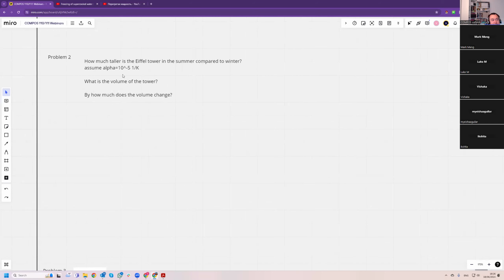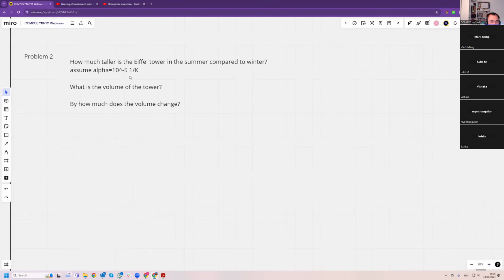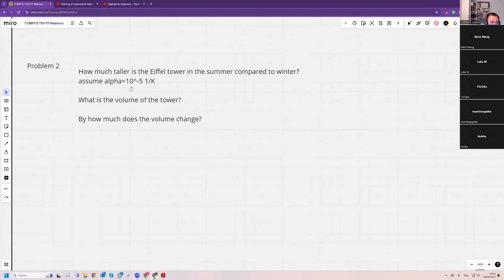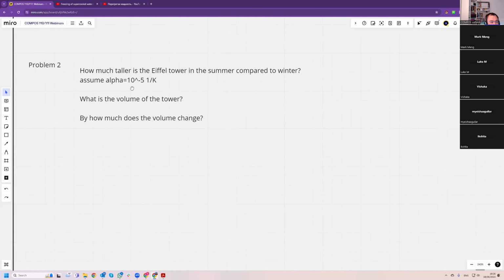Okay, problem 2. How much taller is the Eiffel Tower in the summer compared to winter? Assume alpha is 10 to the minus 5 per Kelvin. Apologies for the handwriting.